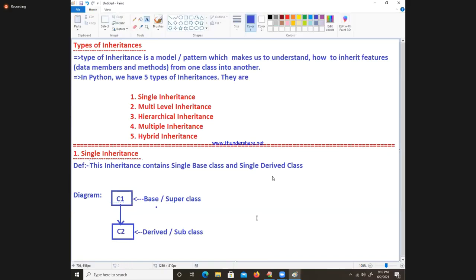This is known as what? The definition of single inheritance. You should not forget about this. If you forget, things are gone. This is known as single inheritance. Is it clear?